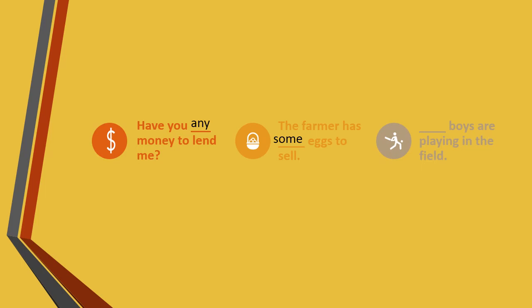Dash boys are playing in the field. So here comes some. Some boys are playing in the field. Next is, is there dash teacher in the class? Is there any teacher in the class? It is an interrogative sentence, so any will come here.